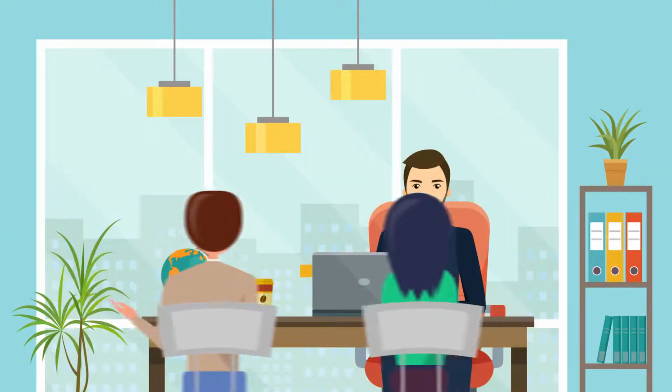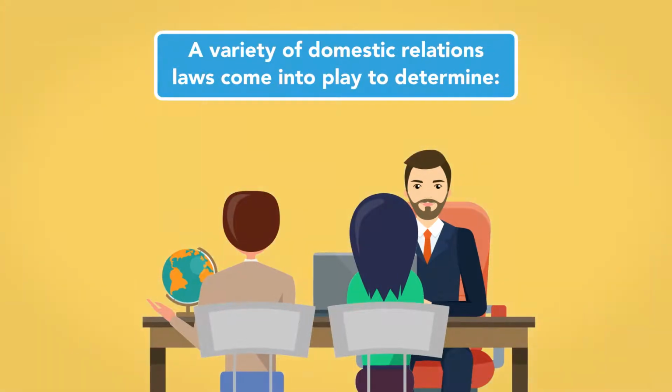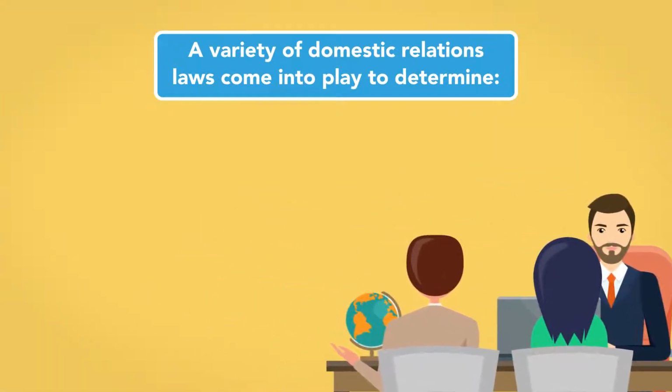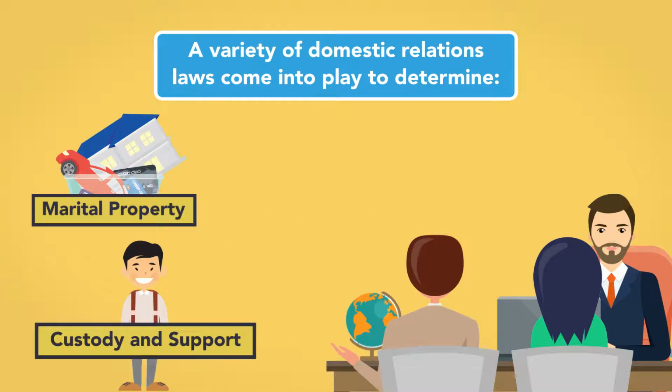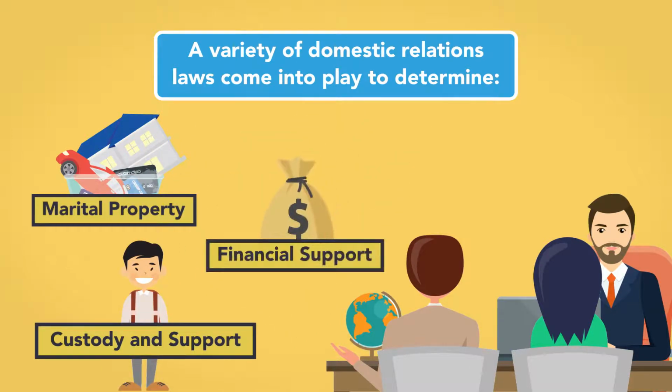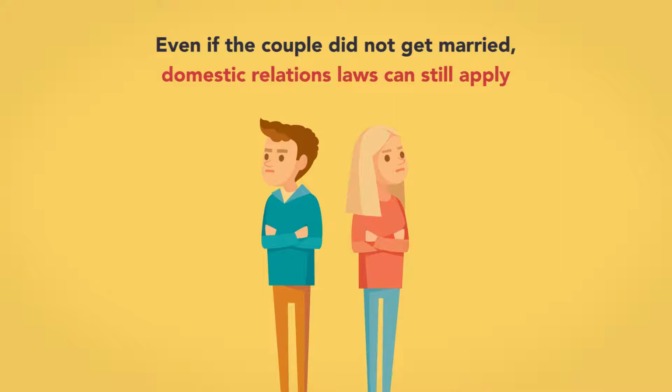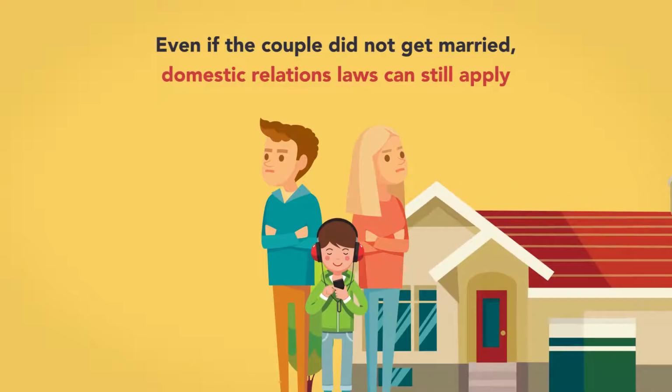When a marriage legally ends, a variety of domestic relations laws come into play to determine the disposition of the marital property, the custody and support of any children, and in some cases, the continuing financial support of one party by the other. But even if the couple did not get married, domestic relations laws can still apply, especially if there are children, shared property, or a long-term relationship.